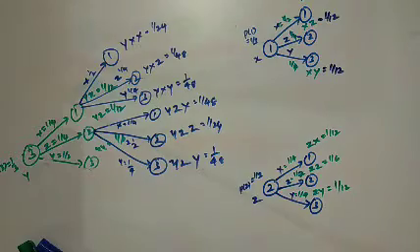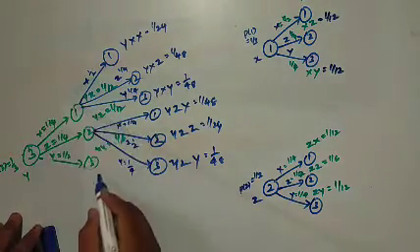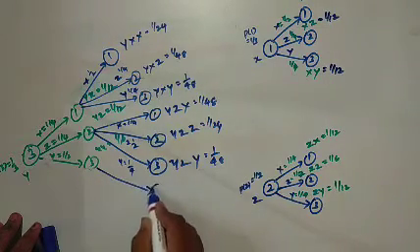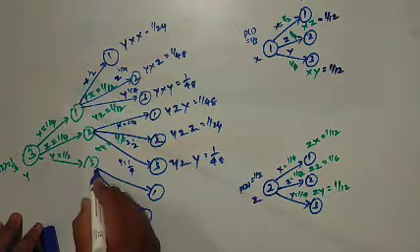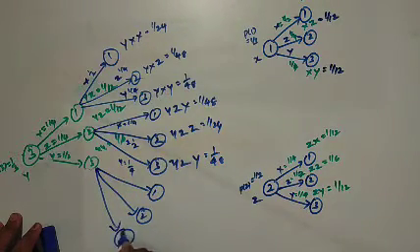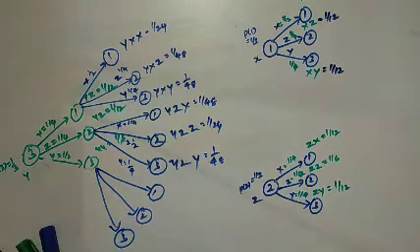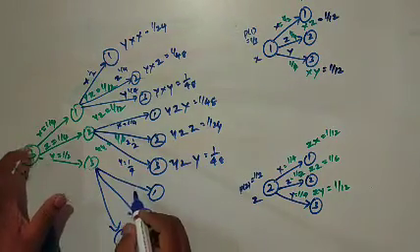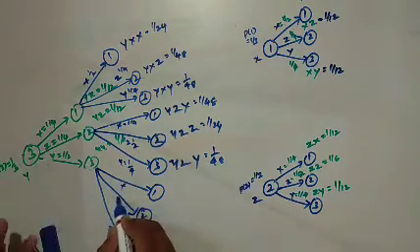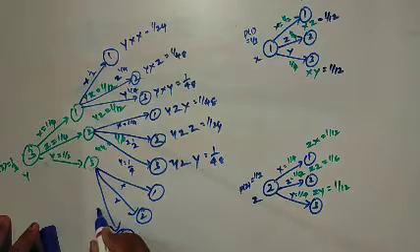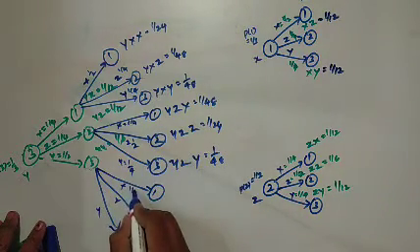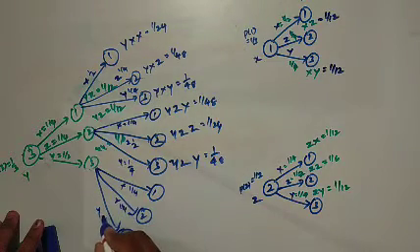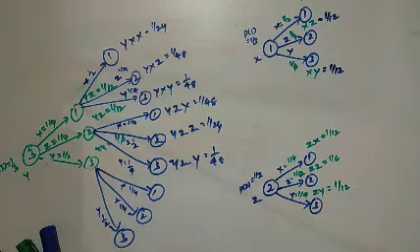Similarly, for 3, whatever you have here, you have to apply here. This is 1, this is 2, this is 3. See that here 3 to 1 is x, 3 to 2 is z, 3 to 3 is y, and their values are 1 by 4, 1 by 4, 1 by 2.